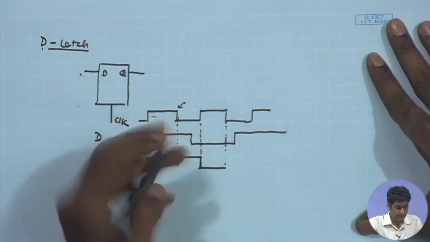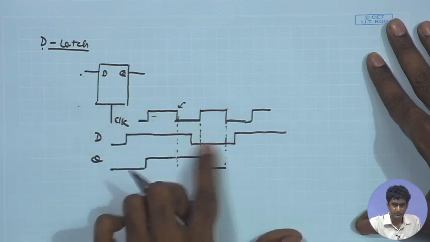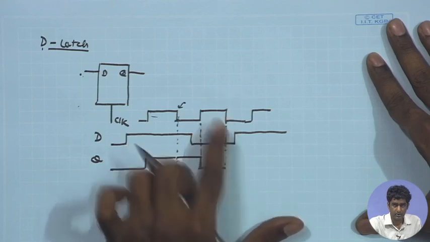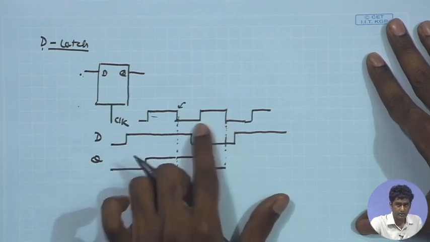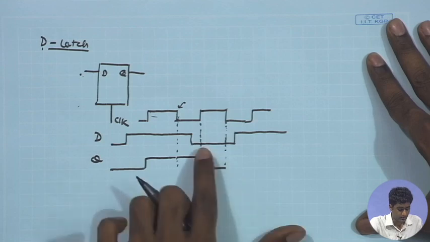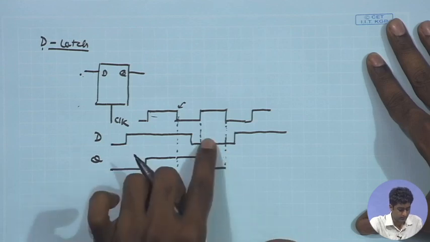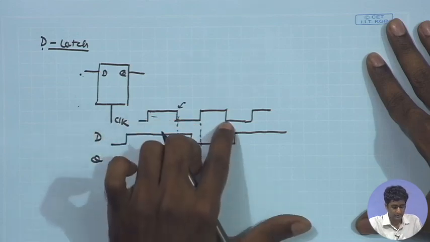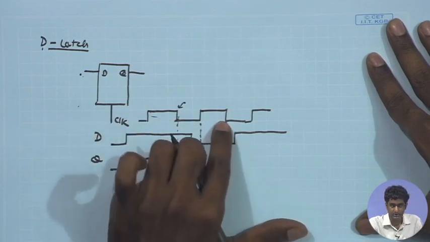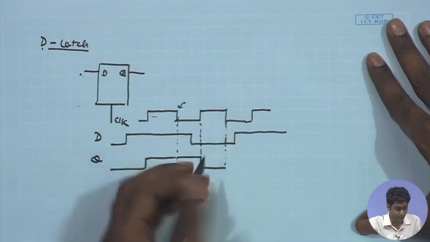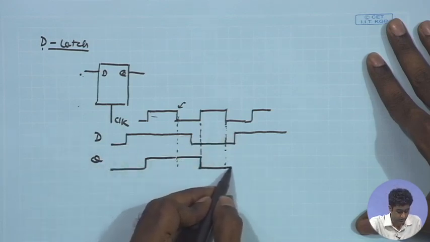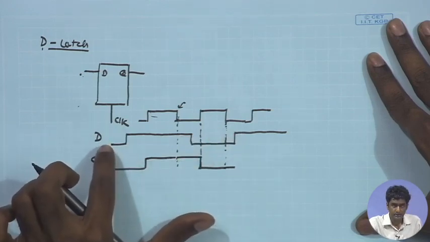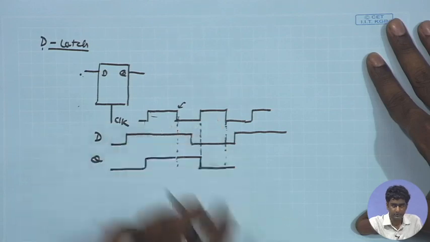Now, while the latch is on, or while the clock is high, D is getting copied to Q, and as the clock goes to 0, the transparency is lost, and therefore from this point onward Q will be retaining whatever D value was available in this positive phase.